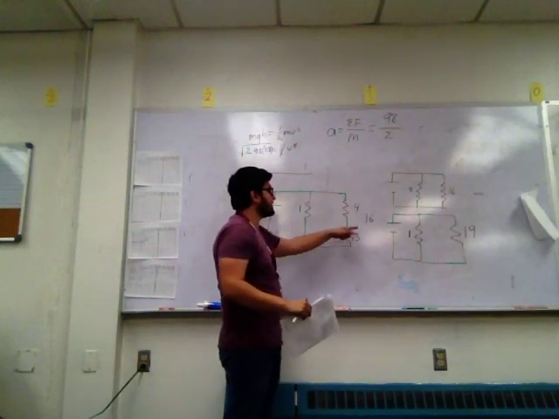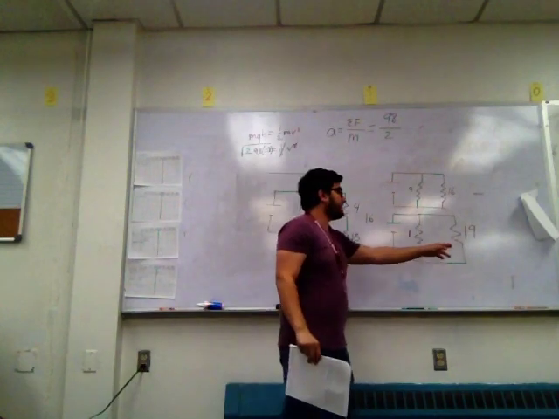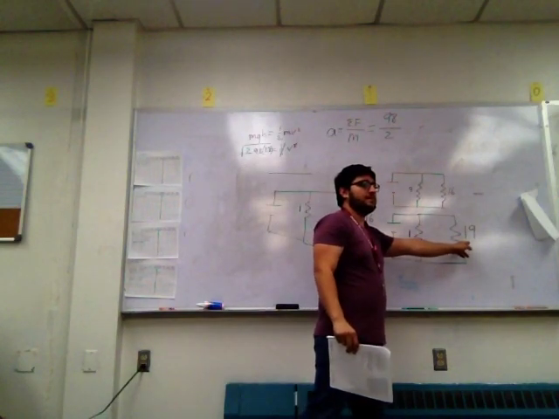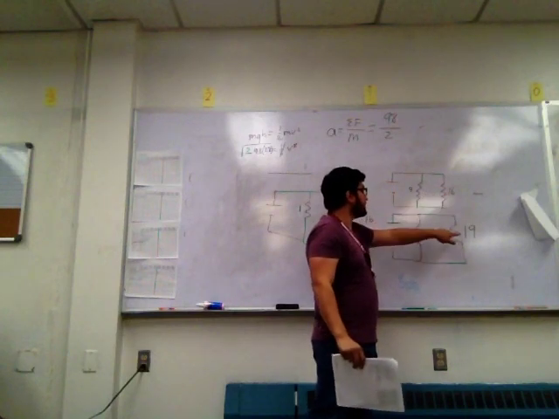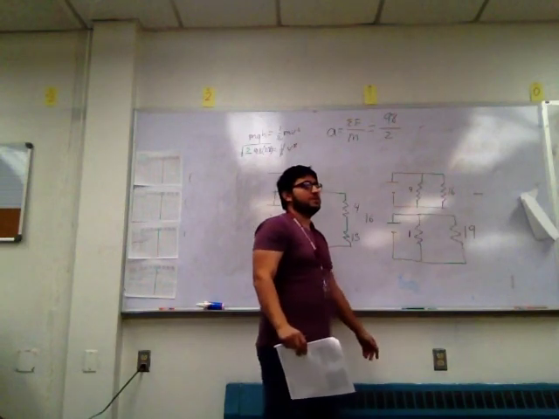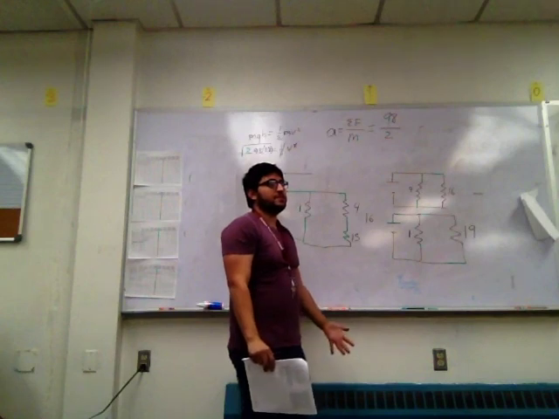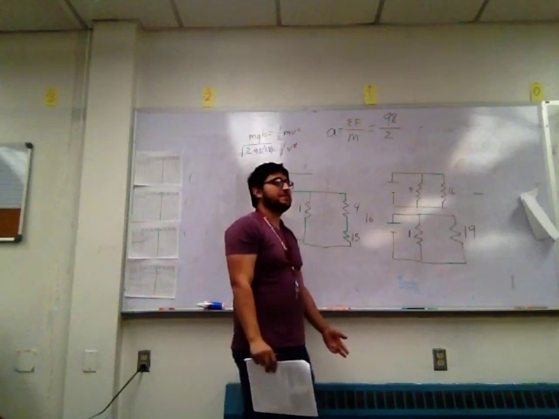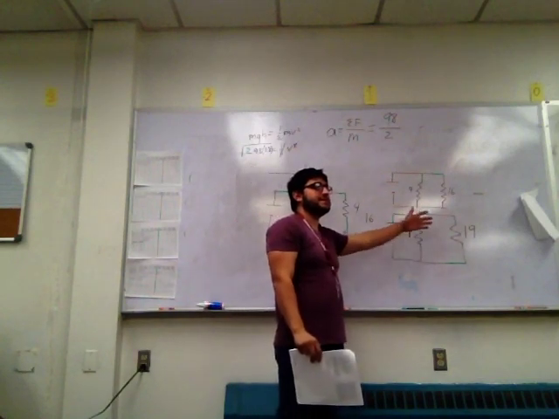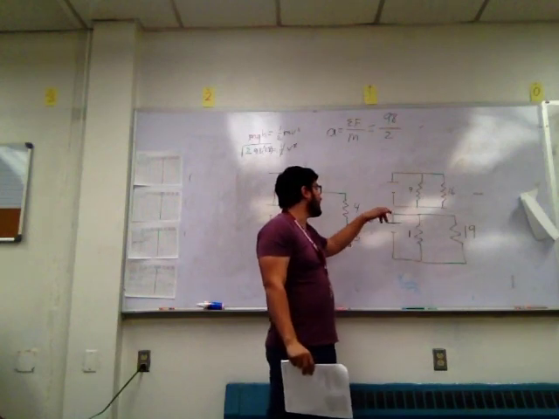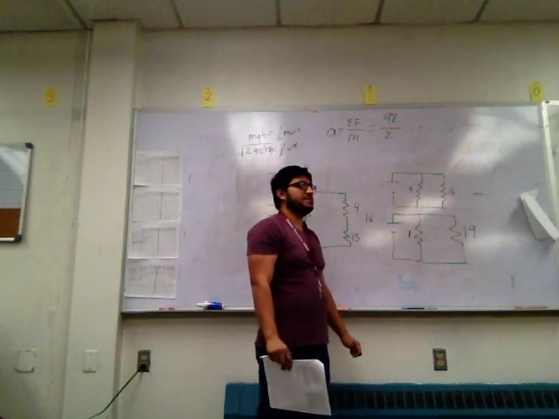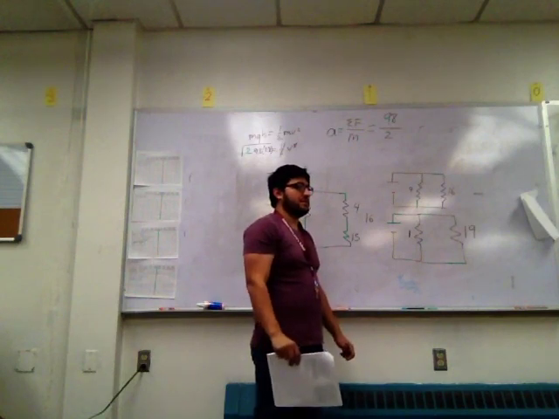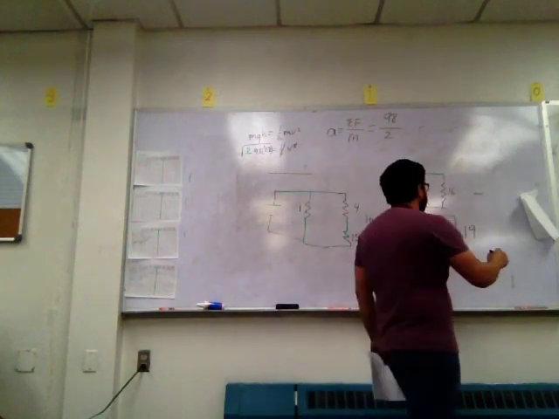So the total resistance in this branch is 19. Yeah? If you do product over sum for these two, you're going to get a different total resistance. So if they have different resistance, but the same voltage, then the total current is going to be different. Yeah? Does that make sense?